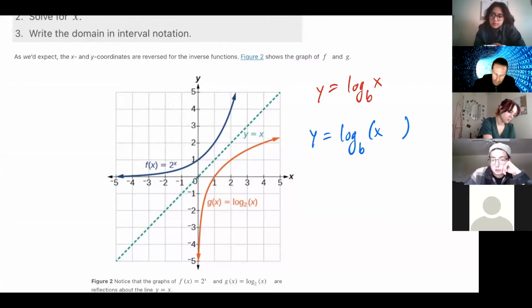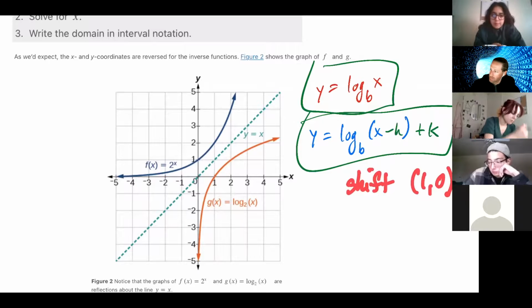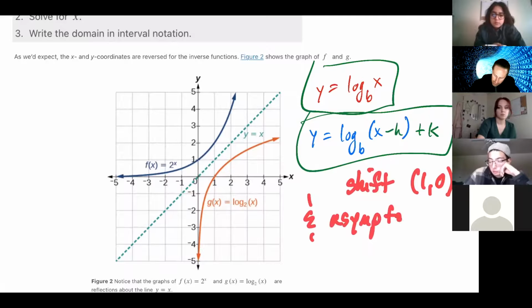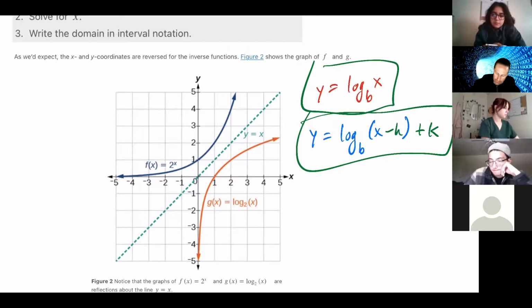You got it. Opposite for the x, same for the y. So this and this, my parent graph, I will just shift by that 1, 0 now instead of 0, 1. And the asymptote, which I do in reverse order. Take care of your asymptote first, right? By H, K. And I'll write that down for you all.